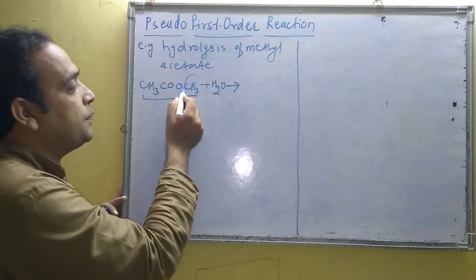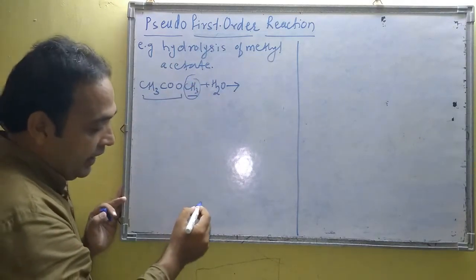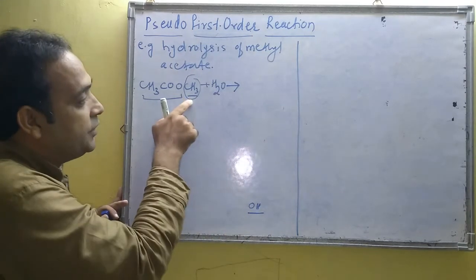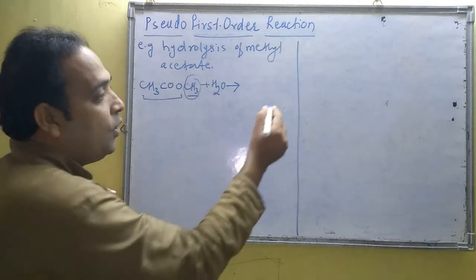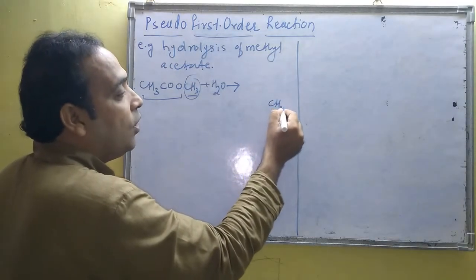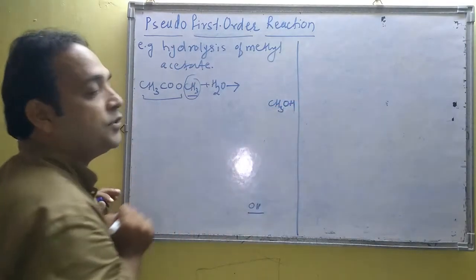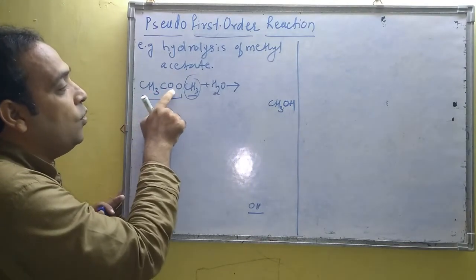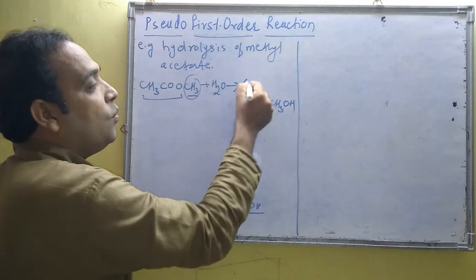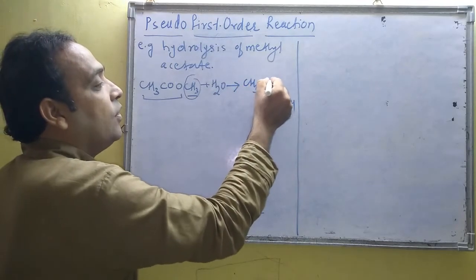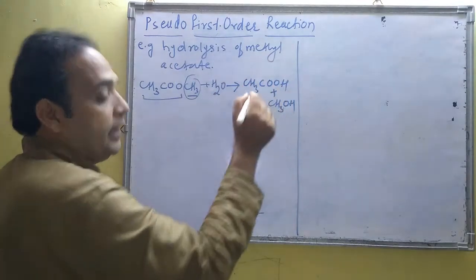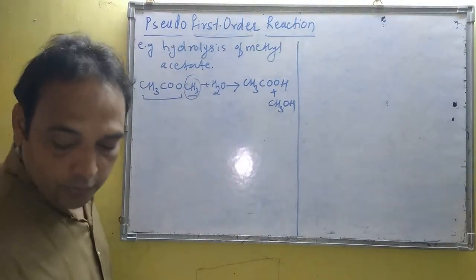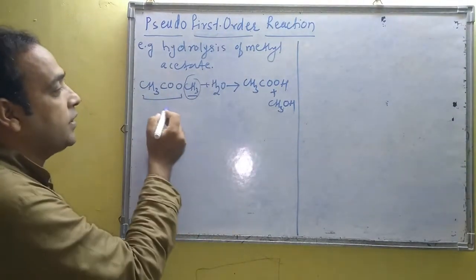So see this part, CH3 and OH from water, what will be removed? CH3OH. Now my remaining part is CH3COO and H from water, meaning methyl acetate on hydrolysis converts into carboxylic acid.